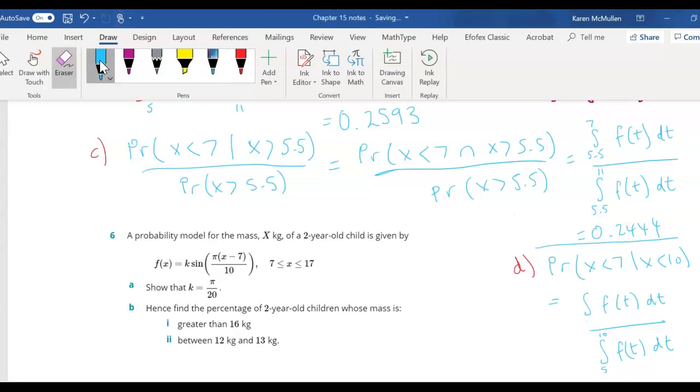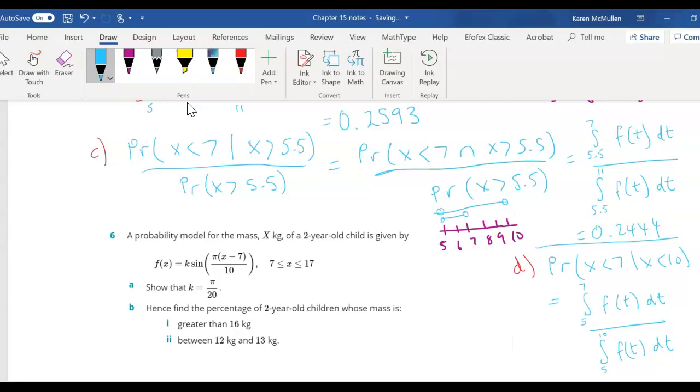Sorry, that's probably why it's a good idea if I drew a number line, I wouldn't have made this mistake. So x is less than 7. I read that as greater than 7. So we're actually going to go from 5 to 7. So if I drew that on a number line, 5, 6, 7, 8, 9, 10. All right, so less than 7, we're here, and then less than 10.